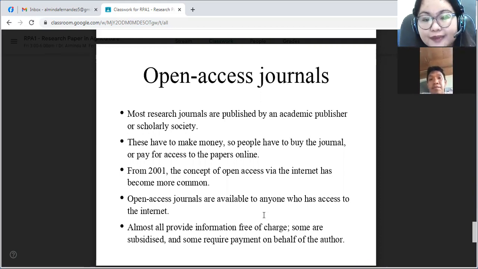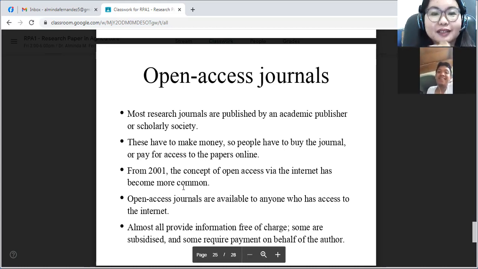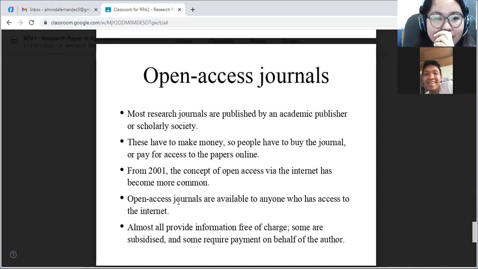And sometimes it's free but it's not open access, especially with the large publishing companies like Taylor and Francis, and we also have Elsevier. Have you heard of these publishing companies? They also classify reputable journals.